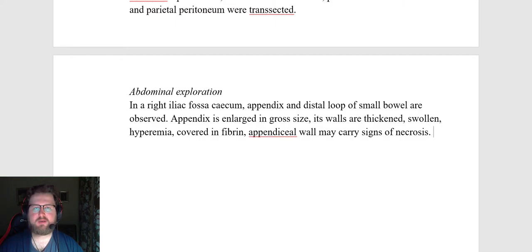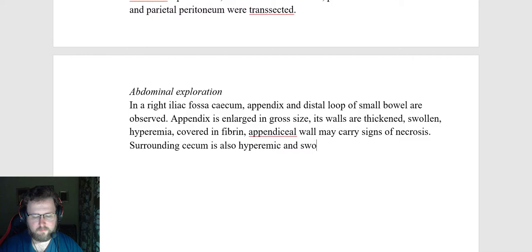Beside that, in many cases, you will see that surrounding cecum is also hyperemic and swollen. In other cases, you may find pathologic effusion in right iliac fossa.